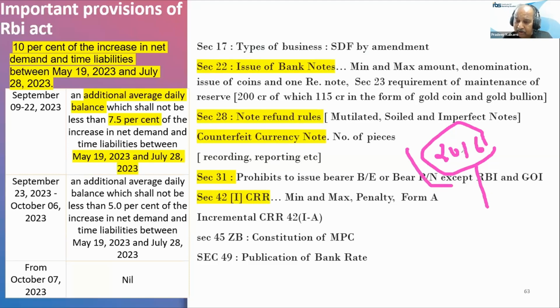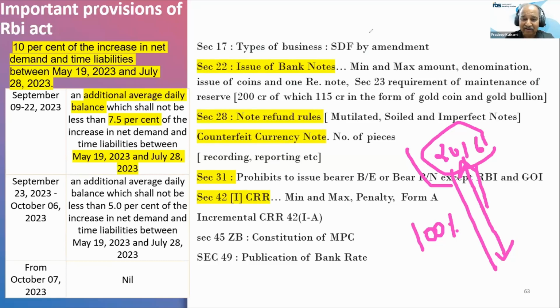All the incremental deposits during a particular period, November to January, were subject to 100% incremental CRR, apart from the regular CRR. Means all additional deposits during this period, banks were compulsorily required to keep with RBI. That is incremental CRR. Is it clear?